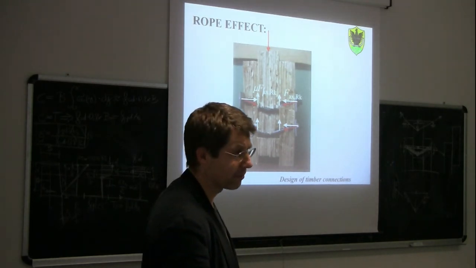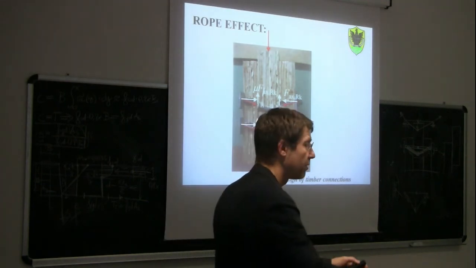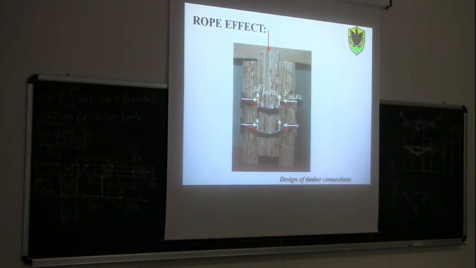In this case, with no friction, all the strength comes basically from the dowel itself and its interface with the wood, while in this case we also have a contribution from the friction. This is called, as I said, the rope effect.